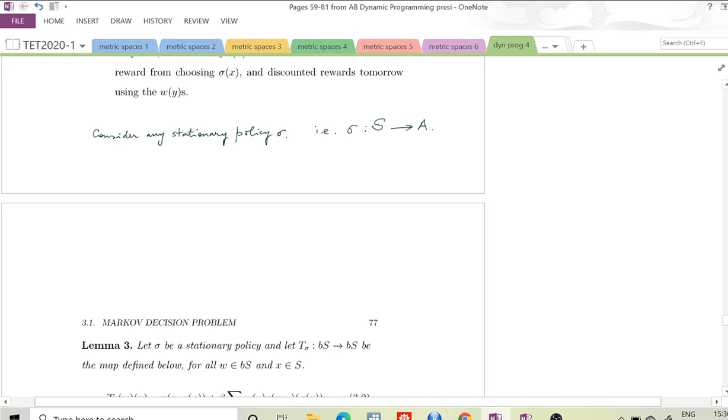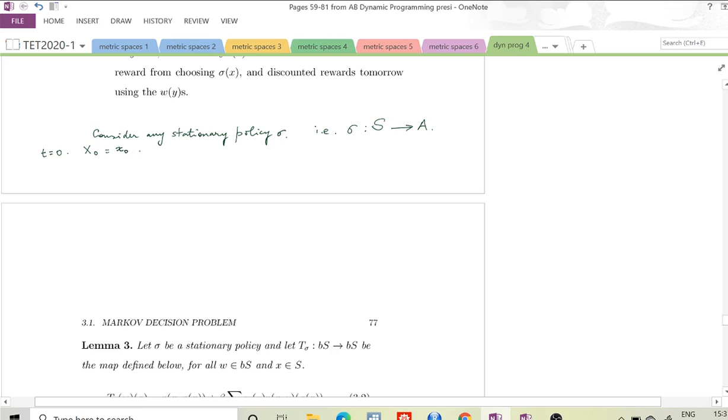All right, and to fix ideas, let me actually fix a time t equals 0. This is not necessary, it could be any time. Let me actually say x naught is equal to a specific state, lowercase x naught.